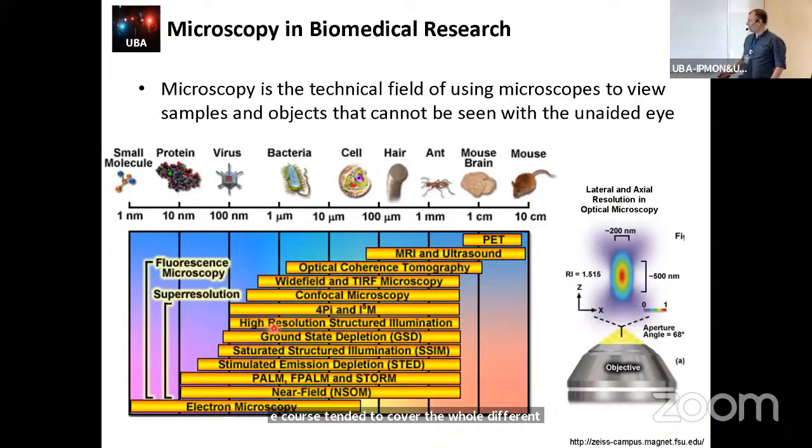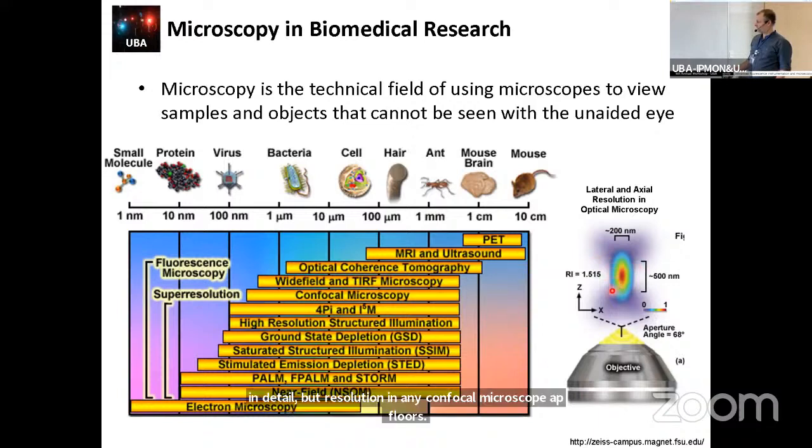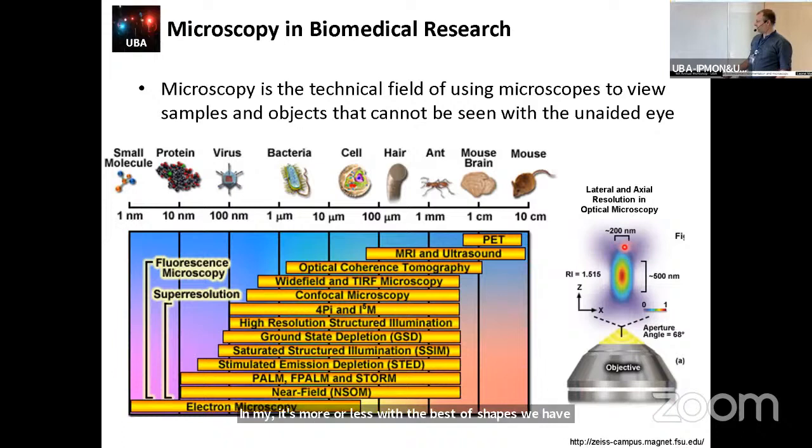I don't have to convince any of you about how important microscopy is in life science, and in particular biomedical research. Resolution I'm not going to explain in detail, but in any confocal or epifluorescent microscope, with the best objective we have, it is more or less 200 nanometers in the XY axis and 500 nanometers in the Z axis.